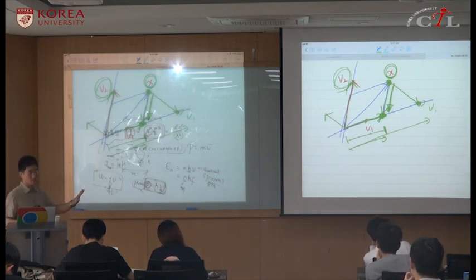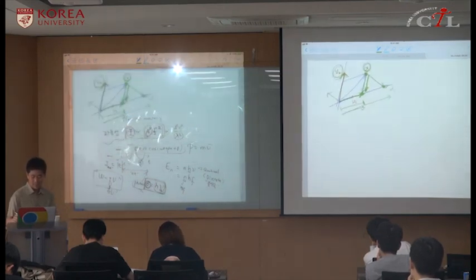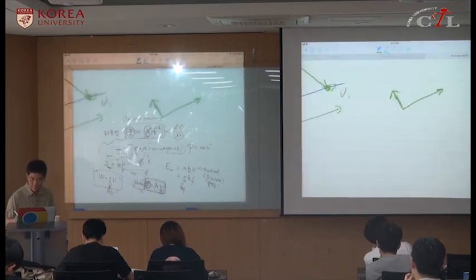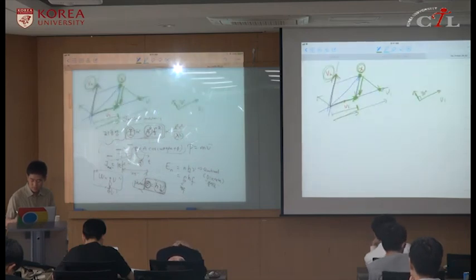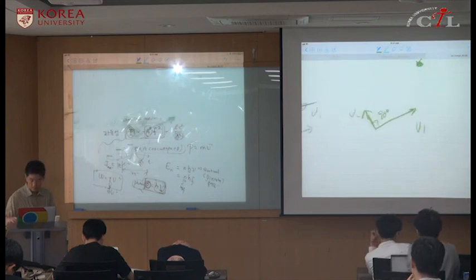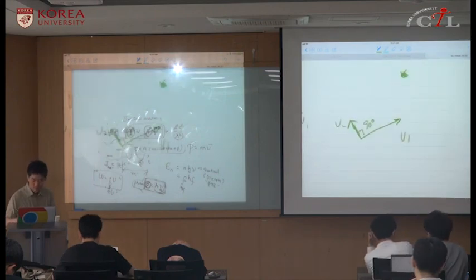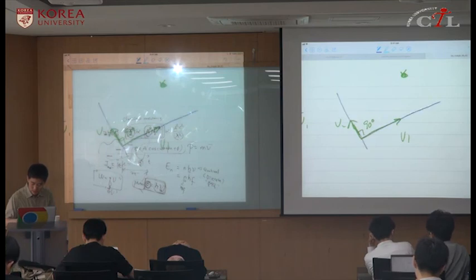And then what about the orthogonal case? If we have a 90 degree angle here, and this is v1 and v2. Suppose you are given some vector x over here, and you want to find this kind of thing, right?